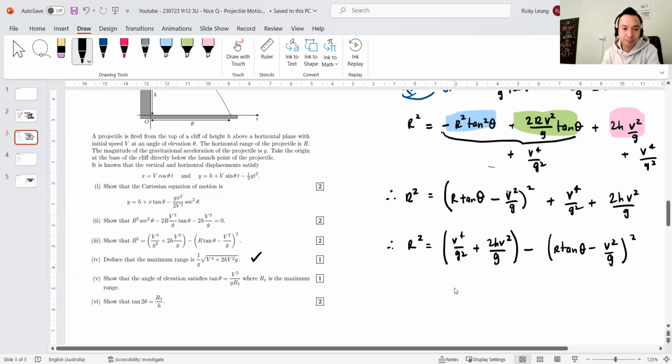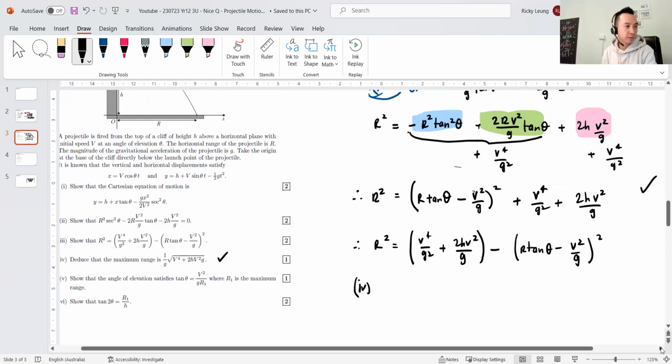All right, done. Part 4. Show that, or deduce that the maximum range is that guy. This is how I'm going to do it. If I'm talking about maximum range, you know how this is r squared?